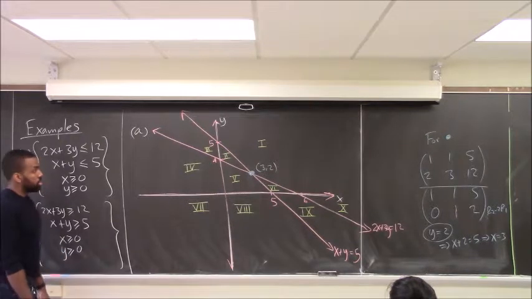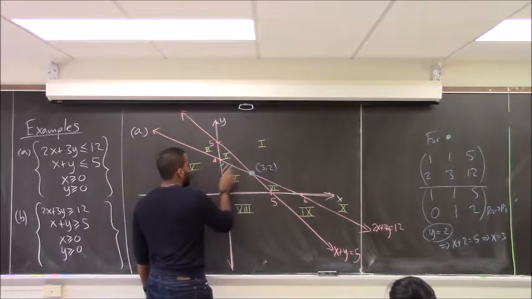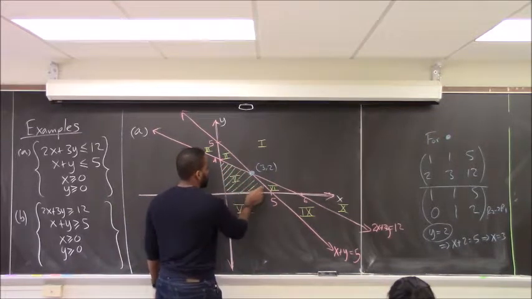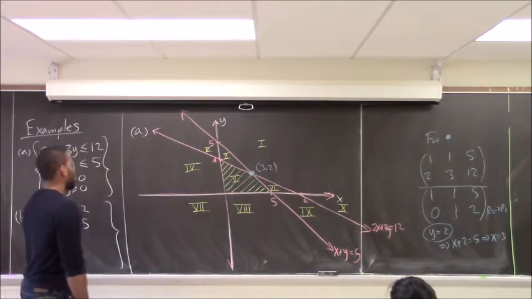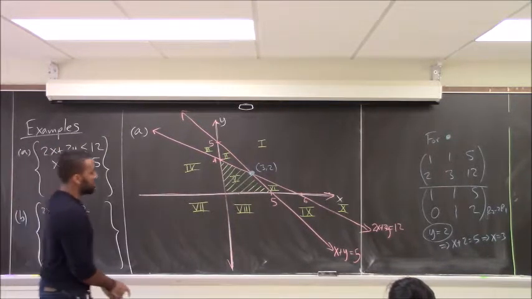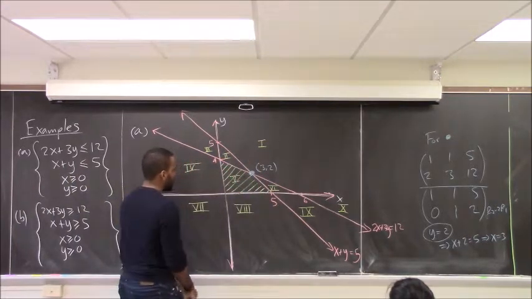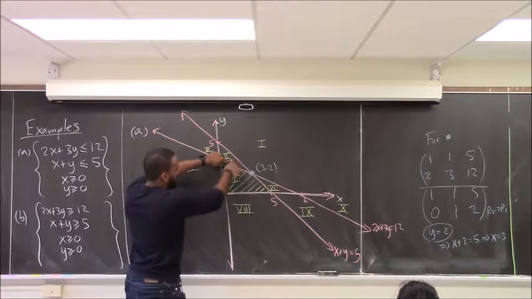Yeah, region 5, right here. And you can see, does that help? Notice that if I were to solve for y in both of these, I would get y is less than something. So I want to be below this line and below that line at the same time. Here I'm below that line, but not this one.